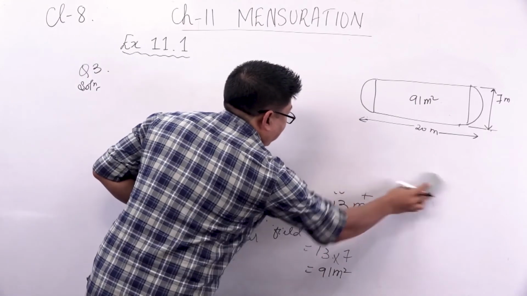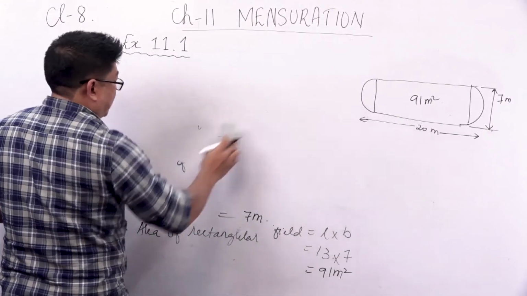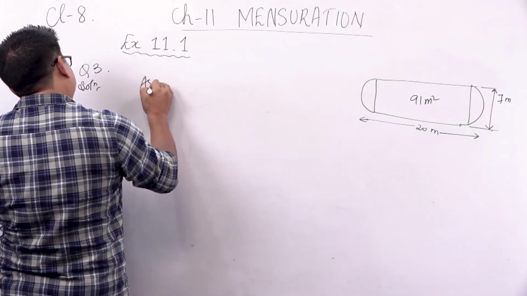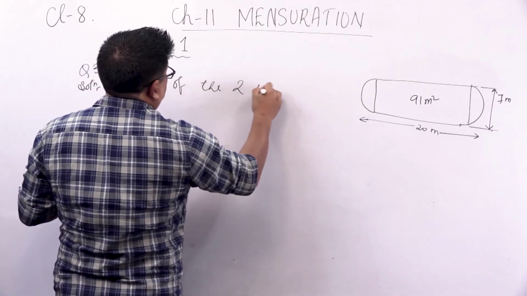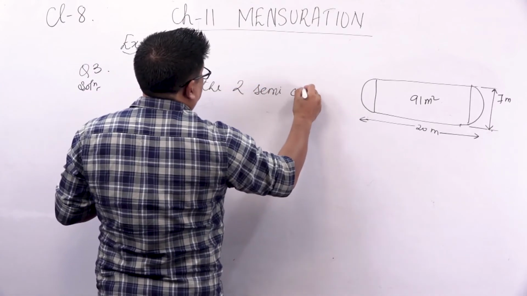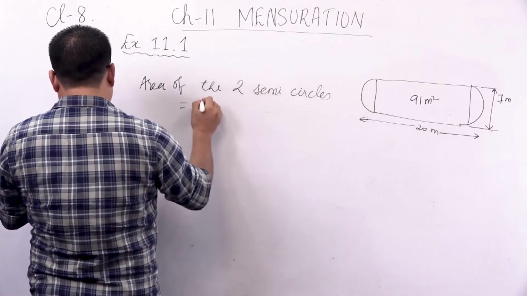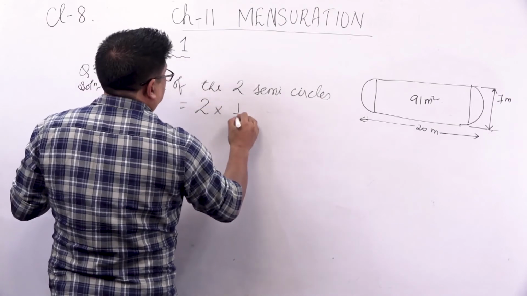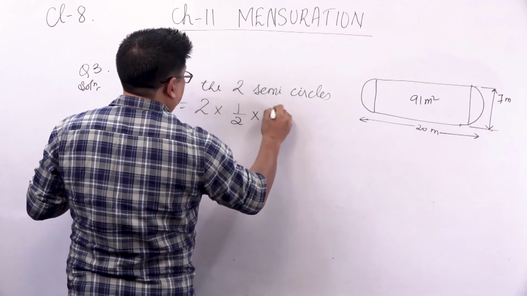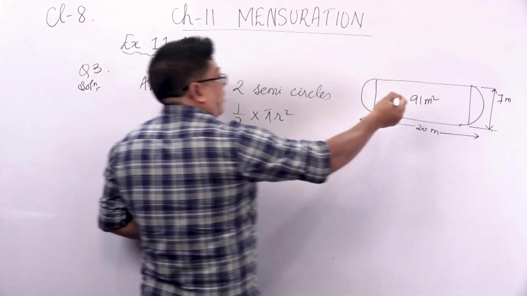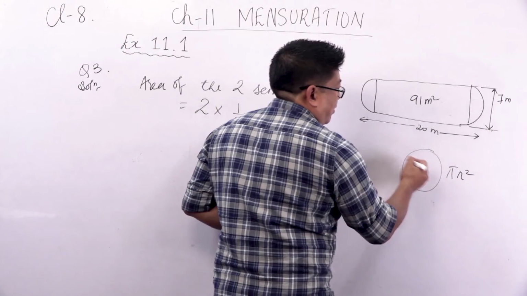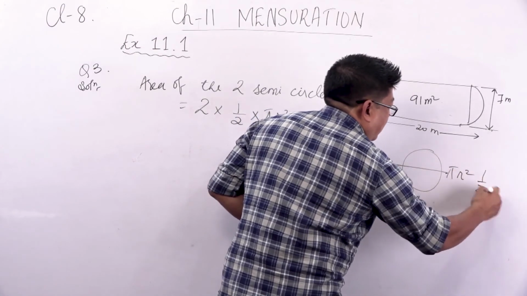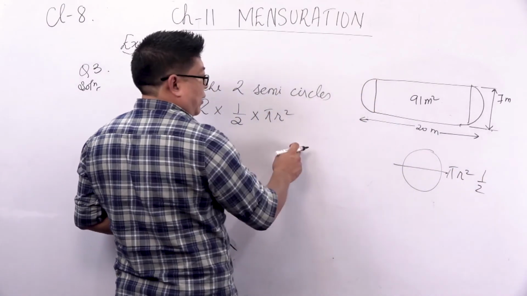We have to find the area for the two semicircles. Now, area of the two semicircles is equal to 2 into half into pi r square. Area of circle is pi r square, but we have only half, so half pi r square.